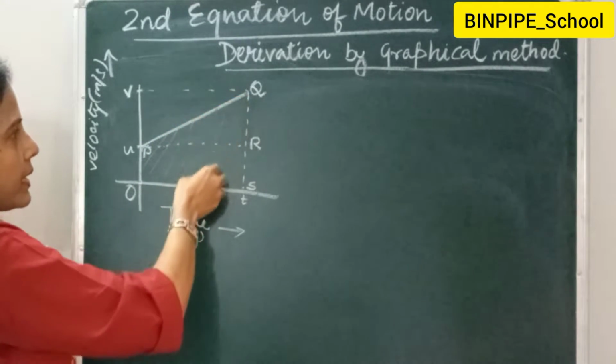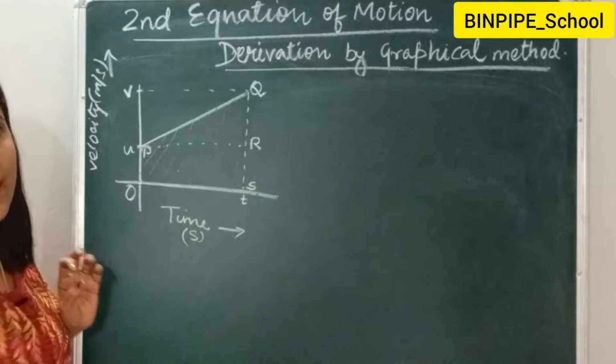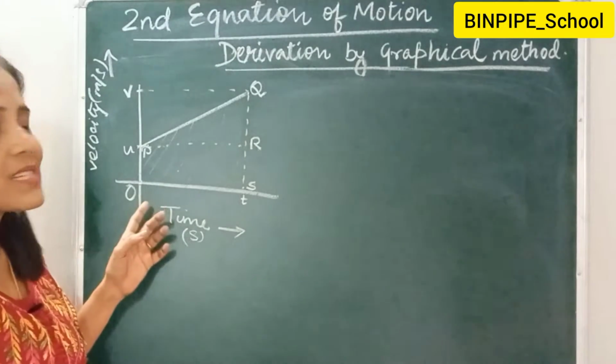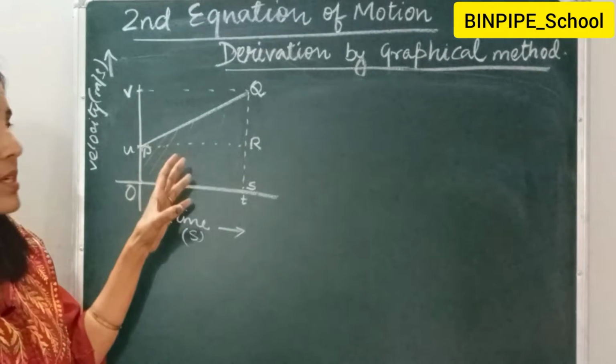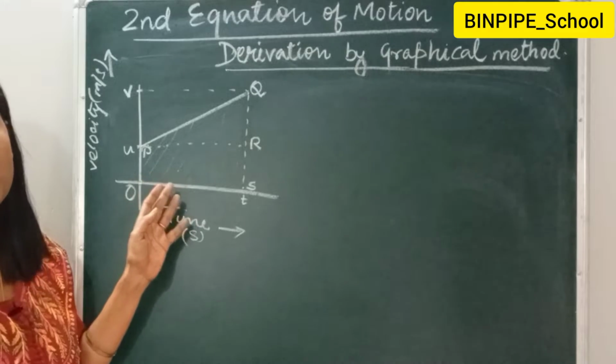Now this area that we see resembles the area of a quadrilateral. Can you name the quadrilateral? I hope you have guessed right. It is a trapezium, right? Now this area that it covers is the distance covered by the body.